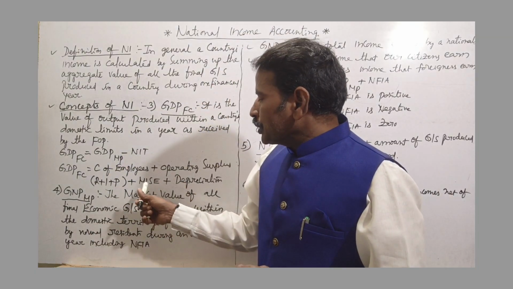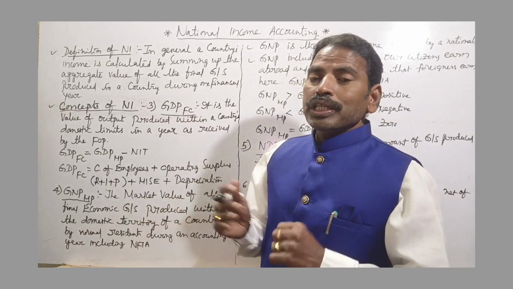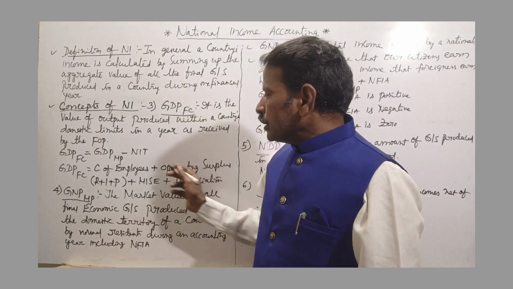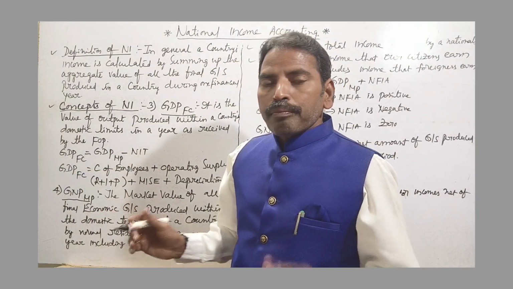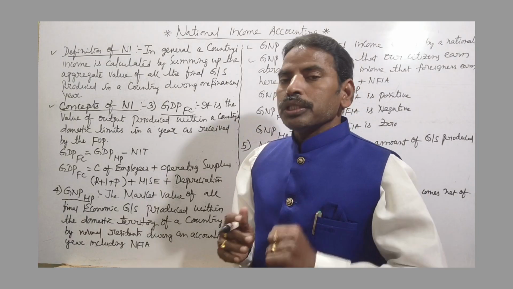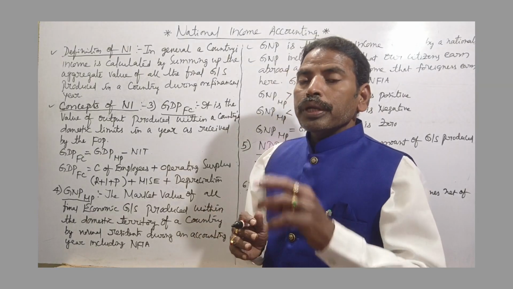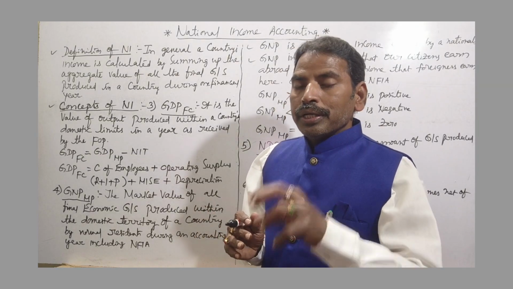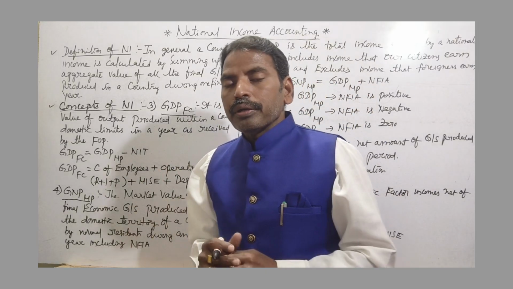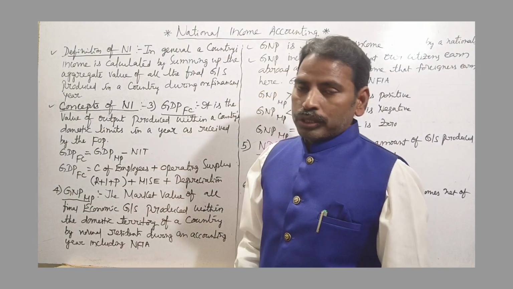Next, depreciation, that is consumption of fixed capital. We add all these four, then you will get GDP factor cost. So GDP factor cost is equal to compensation of employees plus operating surplus, that means rent, interest, profit, plus mixed income of the self-employed plus depreciation.